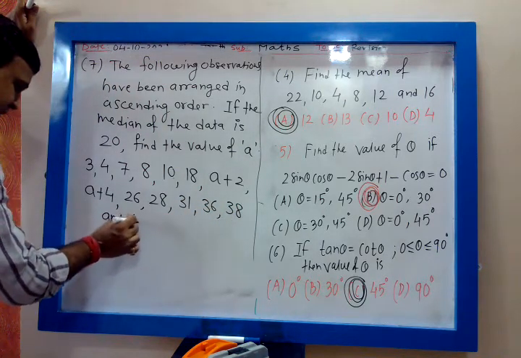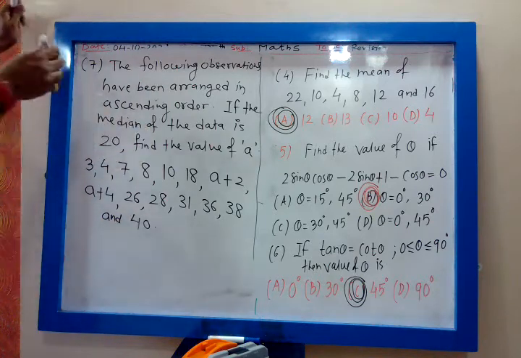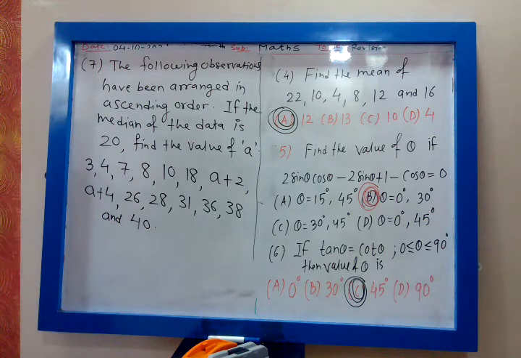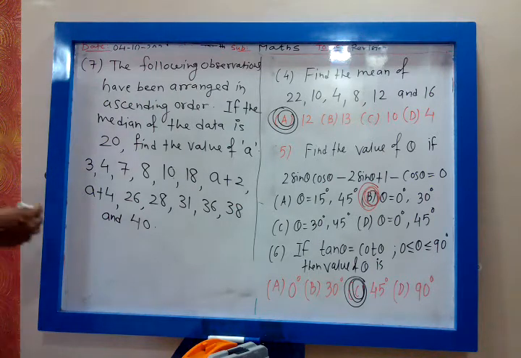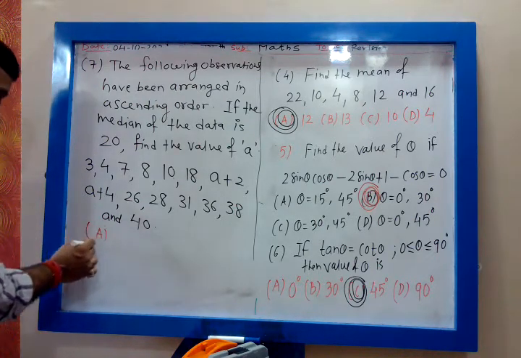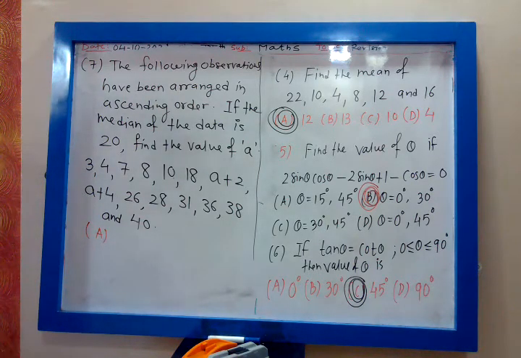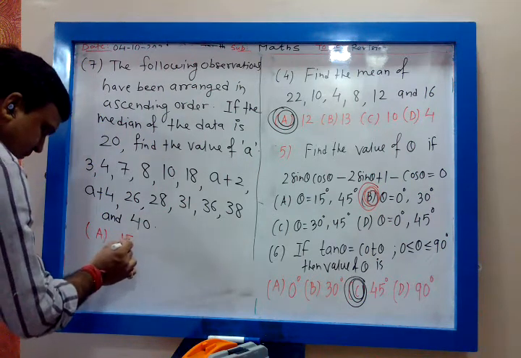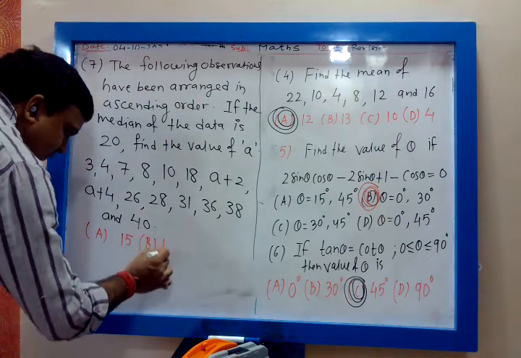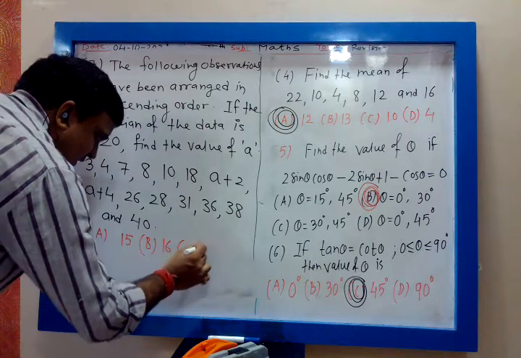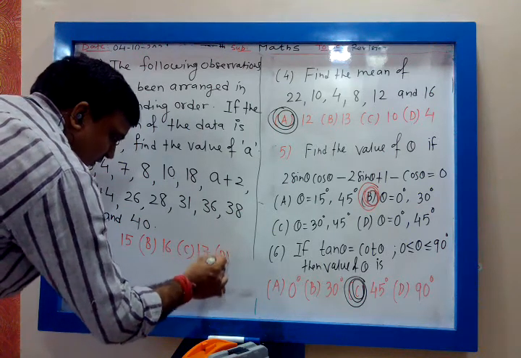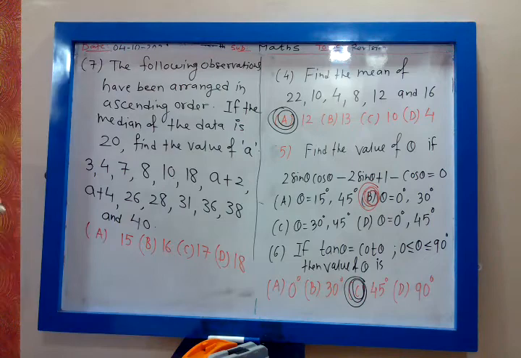So this is the given data. Here median is given 20. Find the value of a. The options are A: a is equal to 15, B: 16, C: 17, D: 18. Do it.